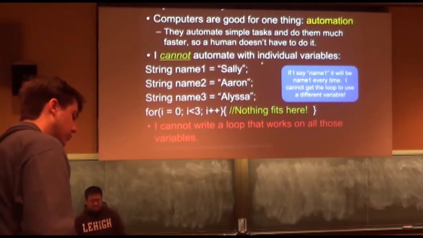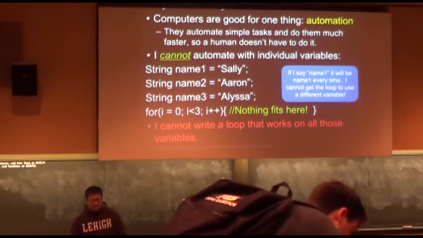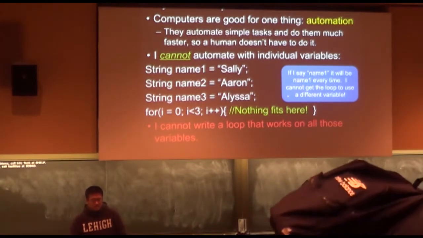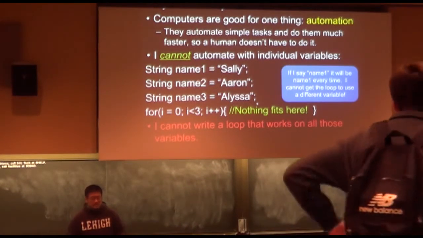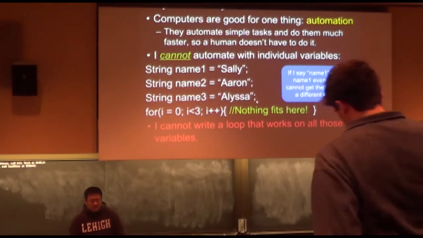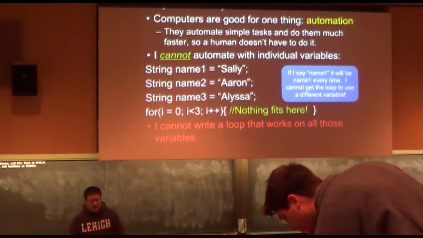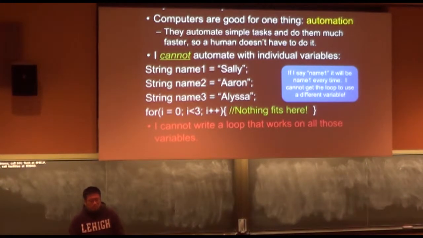So it would be Sally plus freshman, and Aaron plus freshman, and Melissa plus freshman. But I can't do that because there's nothing that I can write that would allow me to have the inside of the loop refer to one of these variables and have the next iteration of i refer to the second variable and the third variable and so on. I don't have a syntax that allows me to describe how to do this, so the computer can't do it for me.